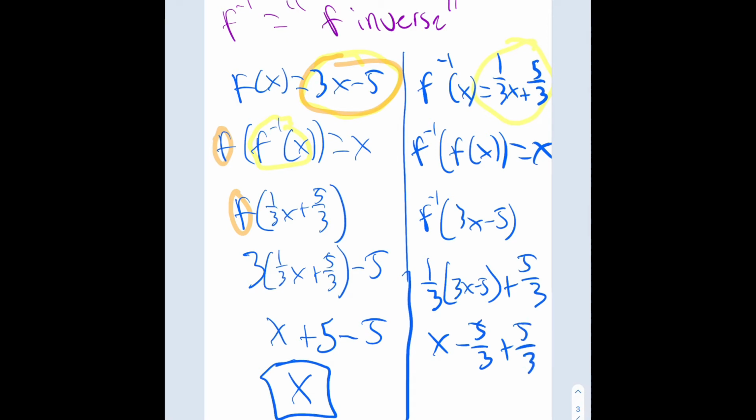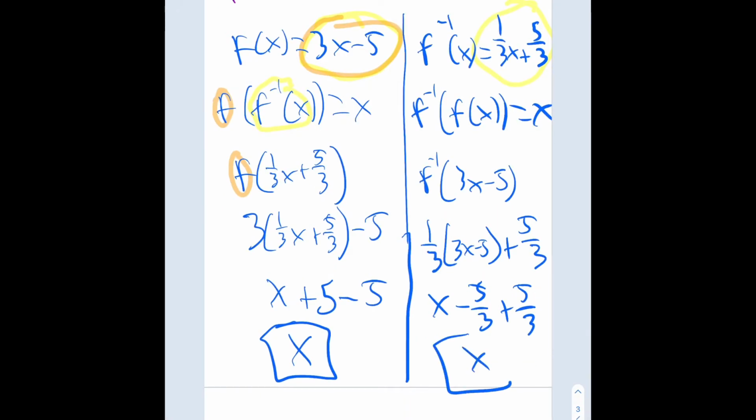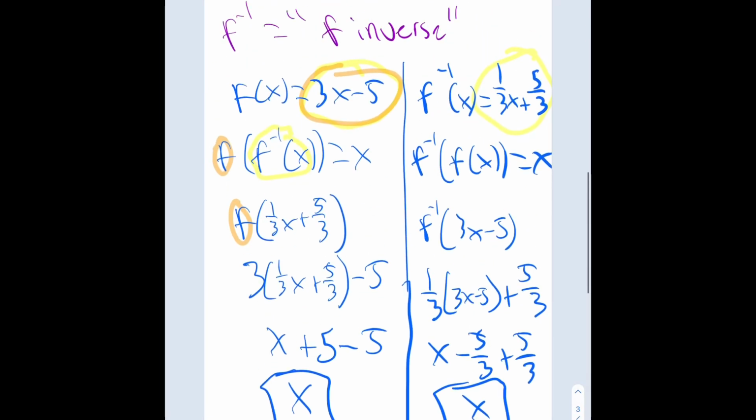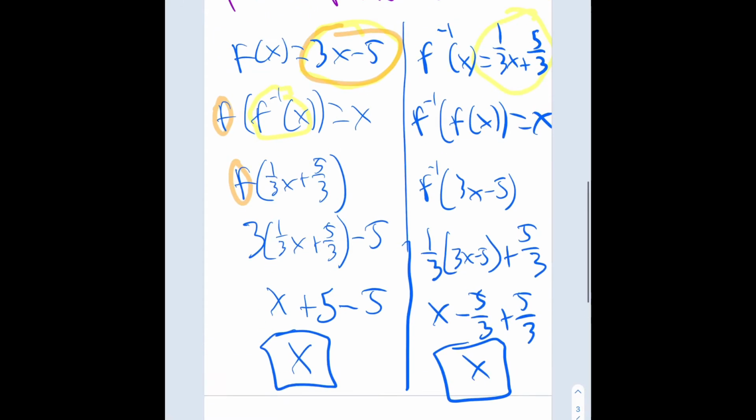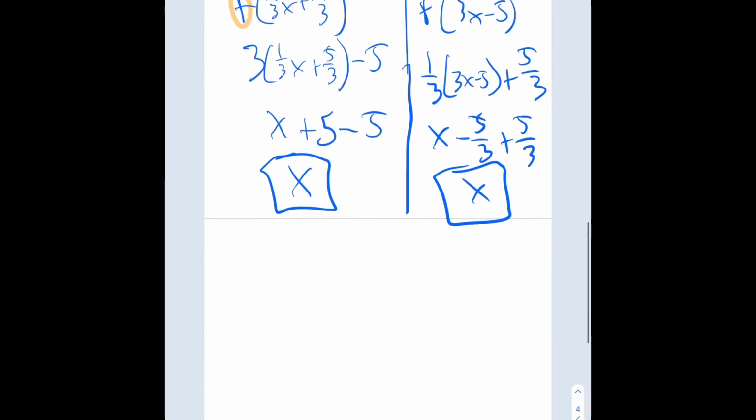This gives me negative 5/3, but then I still have plus 5/3 over here. So you can see that that's going to cancel out, and we are left with x. So you know that that is a true inverse function. If I ask you to show it, this is what I'm asking you to do: show me that these two functions are inverses.